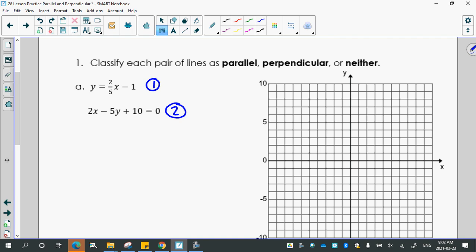They give me a grid, so I might as well draw it, practice drawing it. So I know the initial value is -1 for the y-intercept from yesterday, and I know the slope is 2/5, which is my rise over my run.